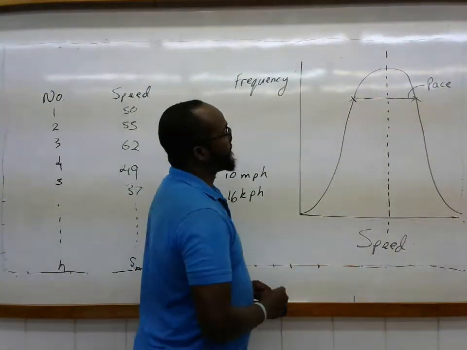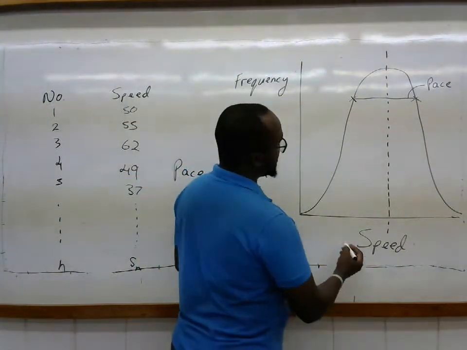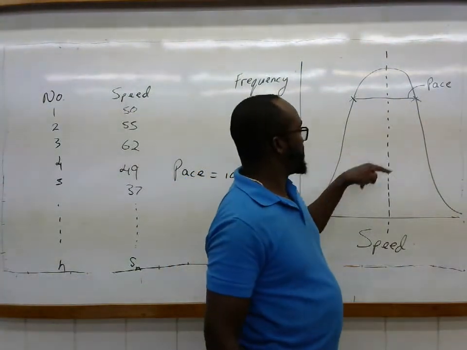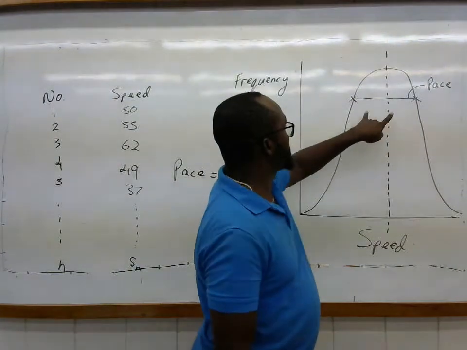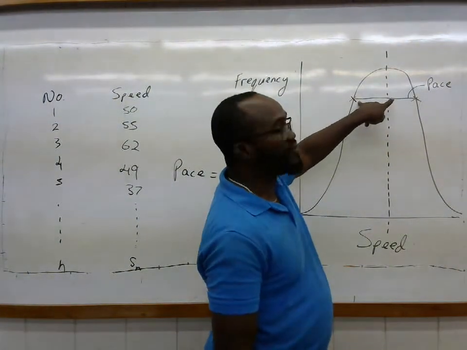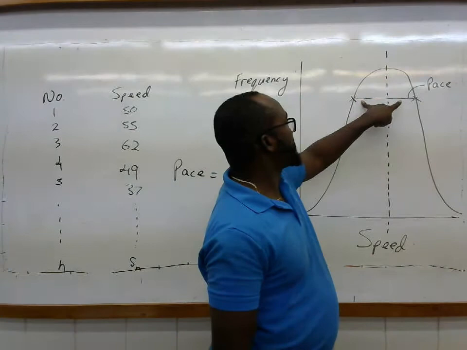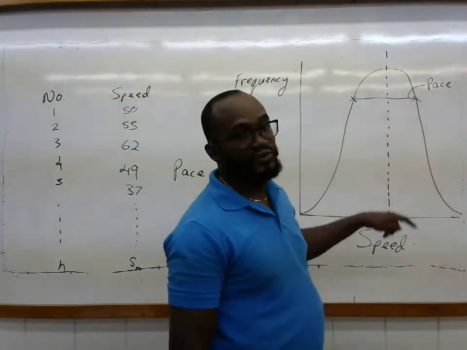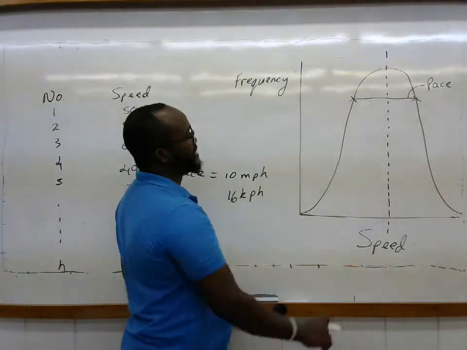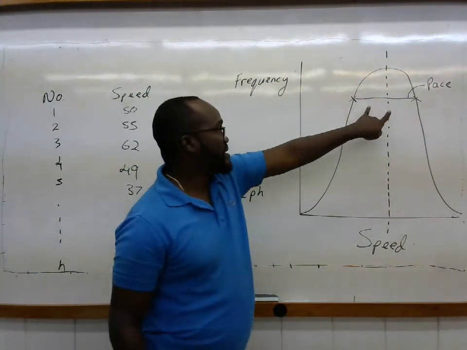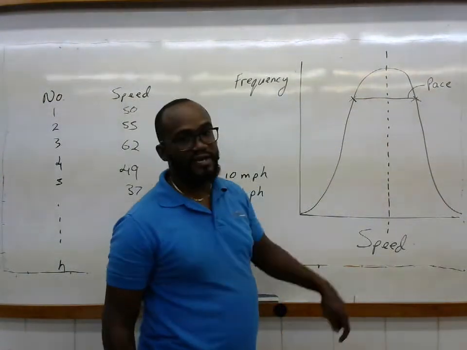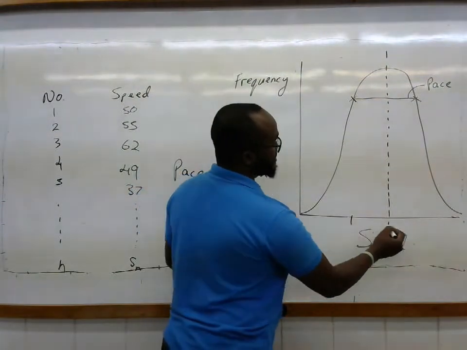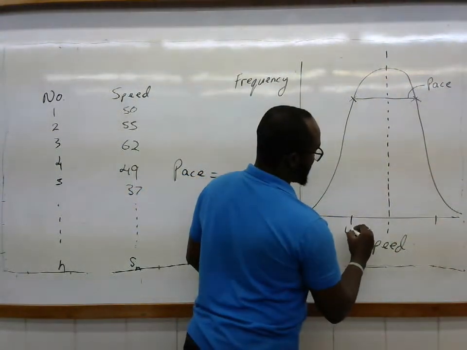Essentially, we draw a chord parallel to the speed axis that connects both arms of the curve, if I may call them so, and where they intersect, that will be the actual pace at which vehicles proceed. So it's a range, right? So between, for example, V1 and V2.